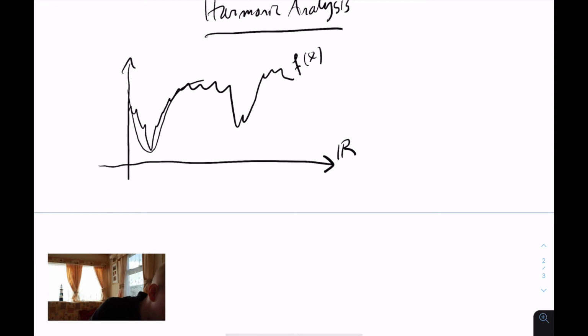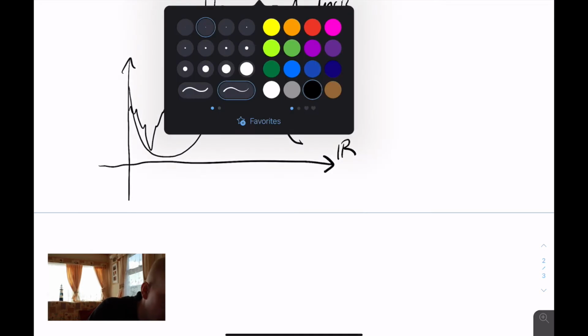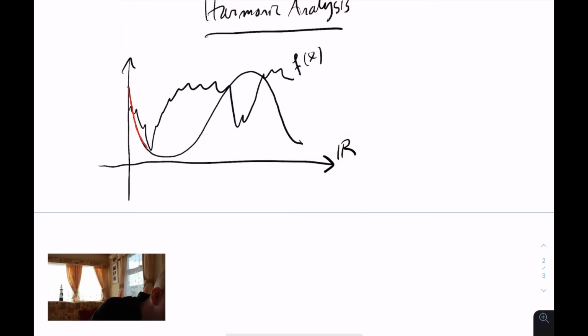you have this oscillation at some point, and at other points you could add more. Sorry, maybe this is better, and maybe use another color for that.